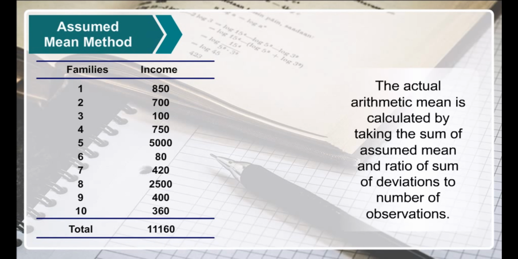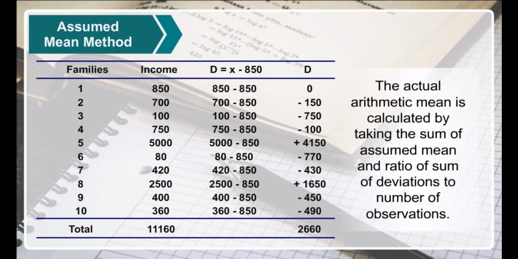The actual arithmetic mean is calculated by taking the sum of assumed mean and the ratio of sum of deviations to number of observations.